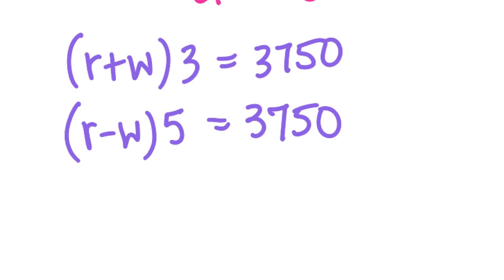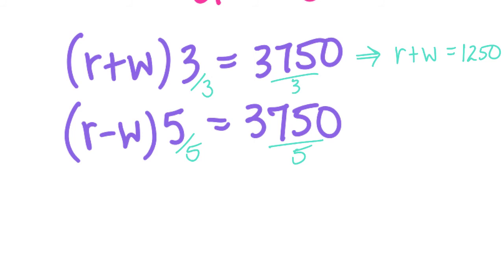So I can totally rewrite this problem as r plus w. Well, 3 goes into this 1,250 times. And 5 goes into this 750 times. So it makes it really convenient.